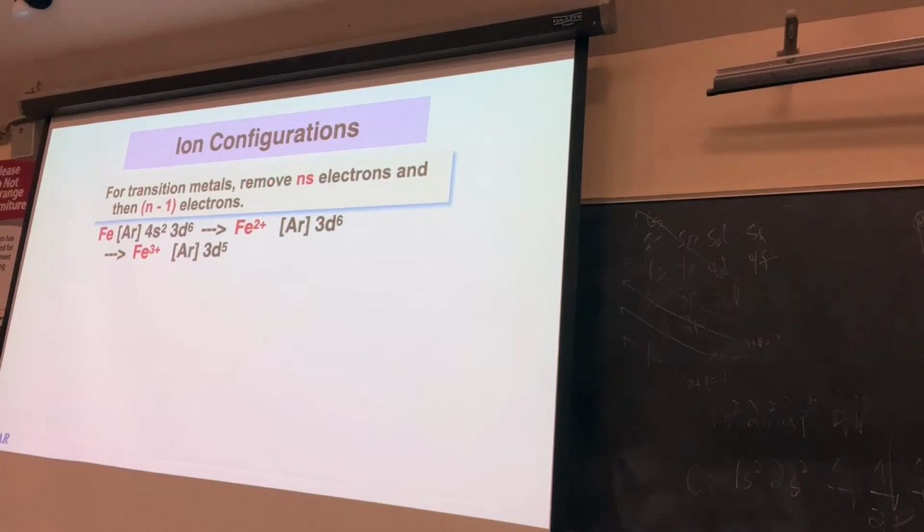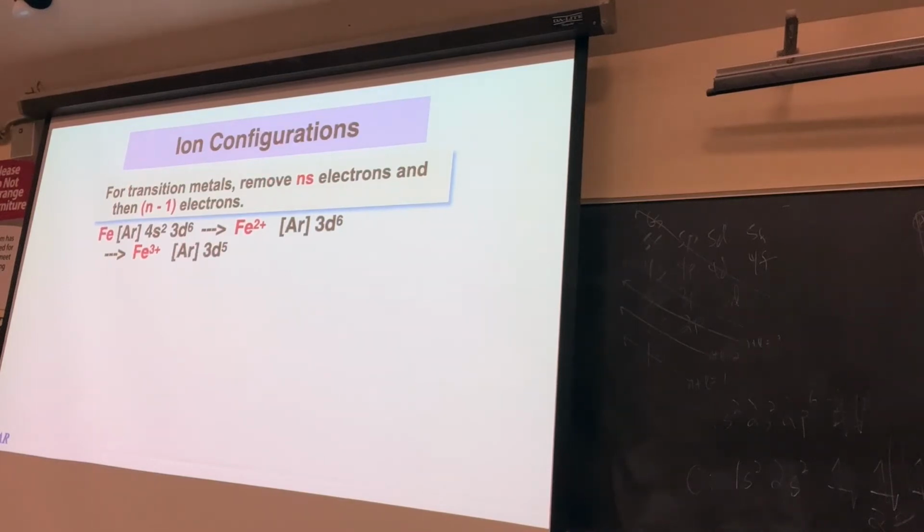And highest N means 4s comes out before 3d. Now, why I want you to think about this is because when you fill in electrons, it goes argon, and then 4s2, you get to calcium, and then add 6 more electrons to get to iron. The 4s's were not the last electrons in, but they are the first electrons out because highest N comes out before highest N plus L.